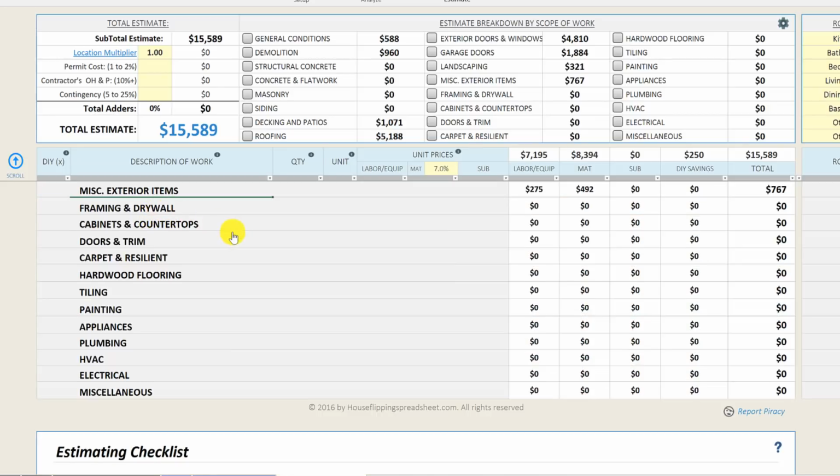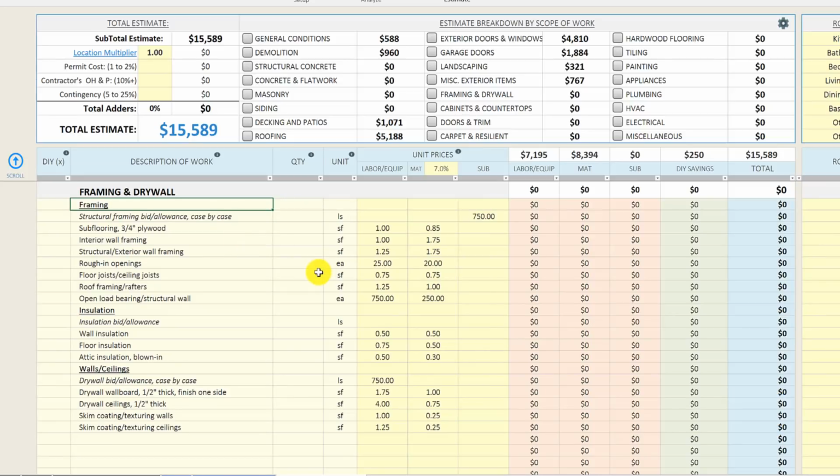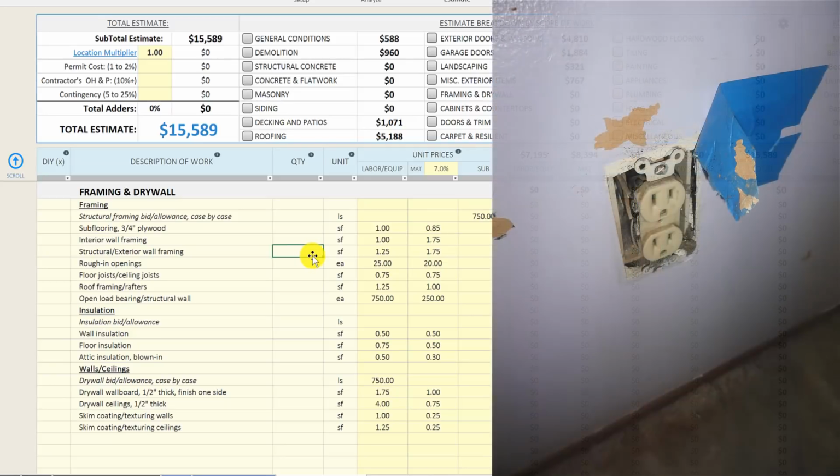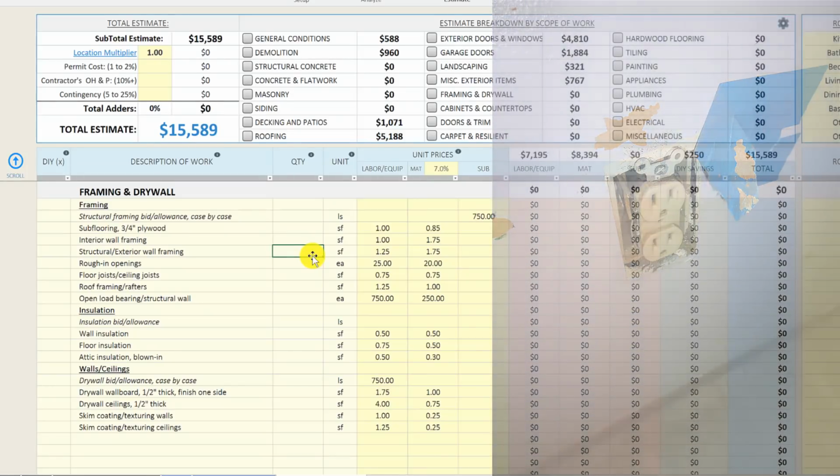Now we'll move on to framing and drywall. One of the things we noticed when we were walking this property was that in this entire neighborhood, the contractor used aluminum wiring to wire all the houses. There's a couple different things you can do when you find aluminum wiring.